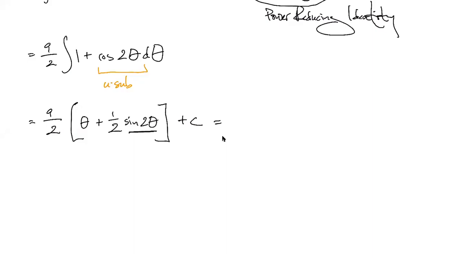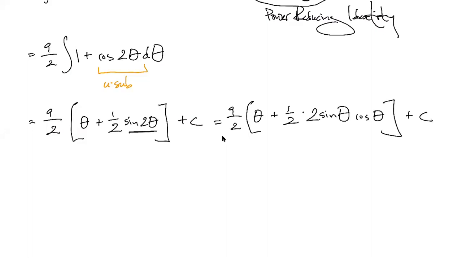So once upon a time, you also learned about a double angle formula for sine. So that double angle formula for sine is 2 sine theta cos theta. Okay.